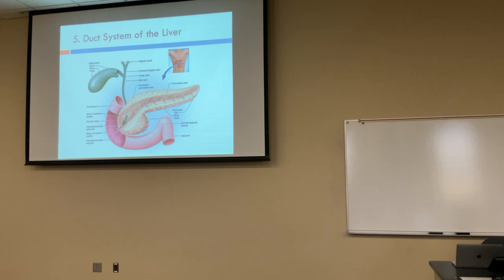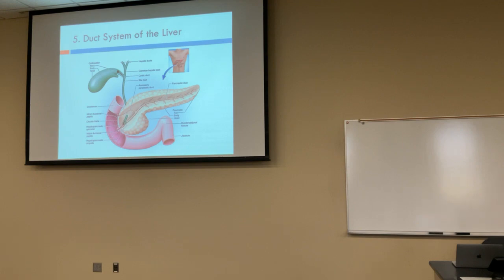Now, the ducts in the liver, which are called hepatic ducts, that drain that bile, eventually come together to form a common hepatic duct. And then the common hepatic duct combines with a duct from the gallbladder. It's called the cystic duct, to form the bile duct, or what's sometimes called the common bile duct.